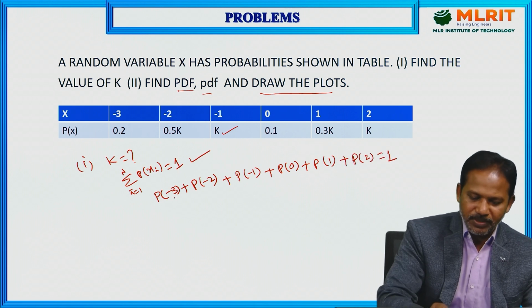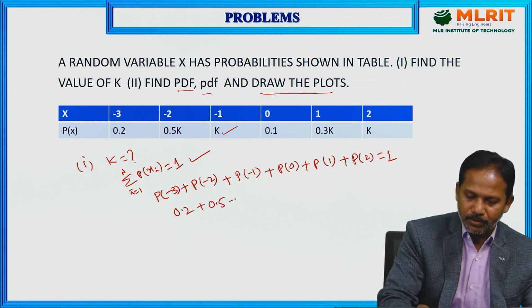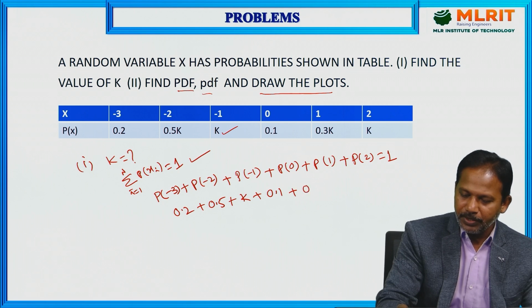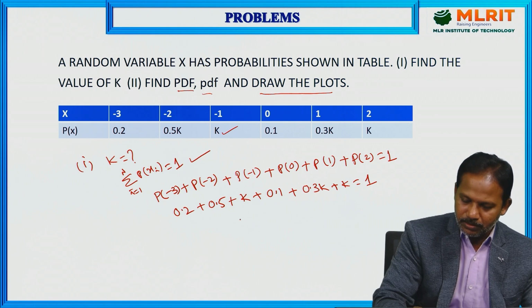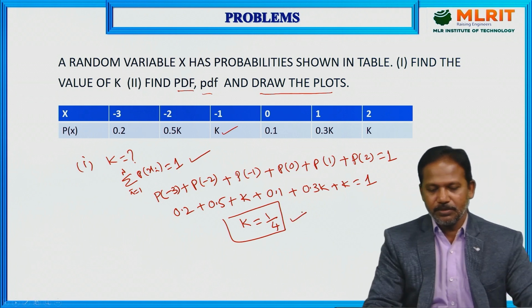That is 0.2 plus 0.5k plus k plus 0.1 plus 0.3k plus k equals 1. So the k value is 1 by 4. This is the first bit.